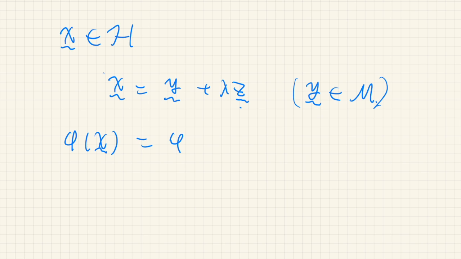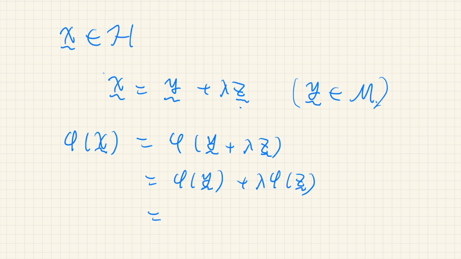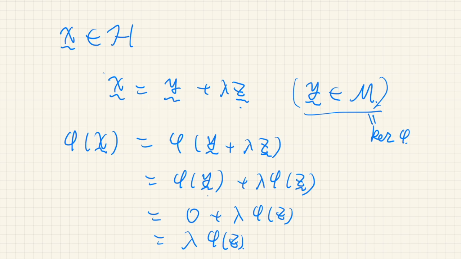So let's decompose x into y and lambda z. And because phi is linear, we have phi of y plus lambda phi of z. But y is in M, which is the kernel of phi, so this is 0. So it's lambda phi of z.